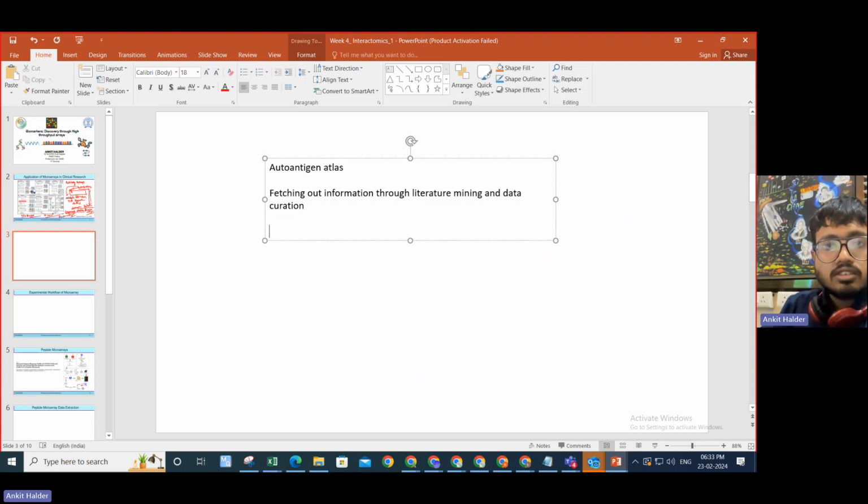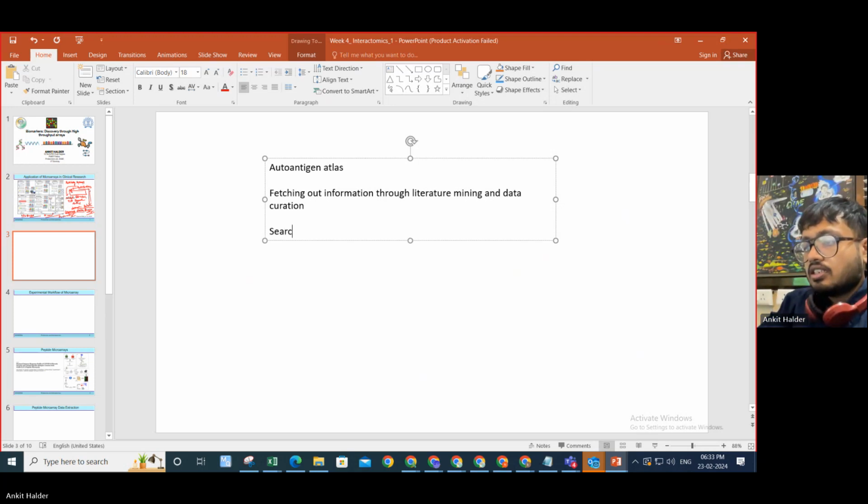So what it is doing, or what it is particularly known as, you can tell. So it is searching the manuscripts. So for example, you are having one UProt array.